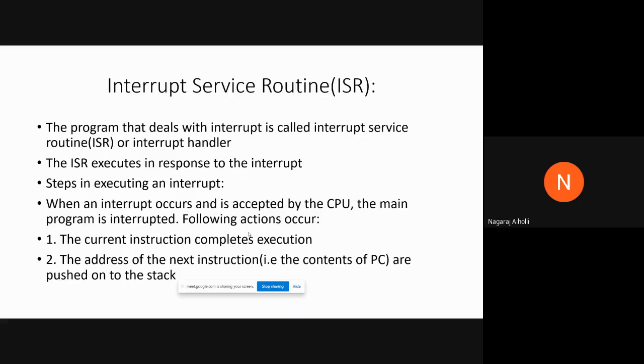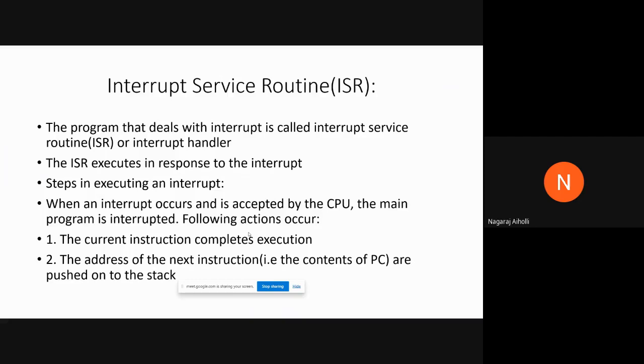When this executes, the program counter loads whatever value was stored into the stack memory, and the execution continues from the next instruction in the main program. Okay, so these are the steps for executing an interrupt service routine.